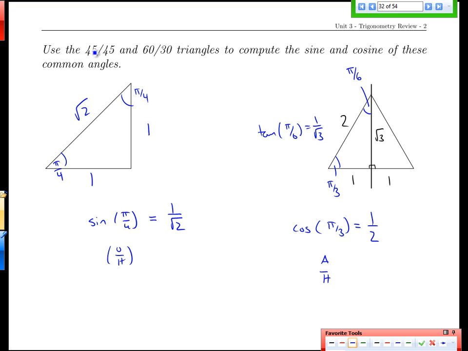So these triangles, the 45-45 or pi over 4, or the 60-30, pi over 6, pi over 3, appear fairly frequently, and it's good to be able to just do a quick sketch, because if you plug these numbers into your calculator and you get 1 over root 3, it's not going to look like 1 over root 3. It's going to be some complicated decimal, and sometimes it's easier to work with these exact values.